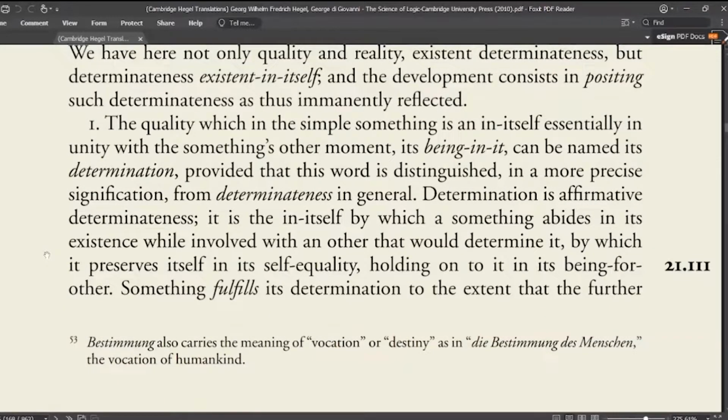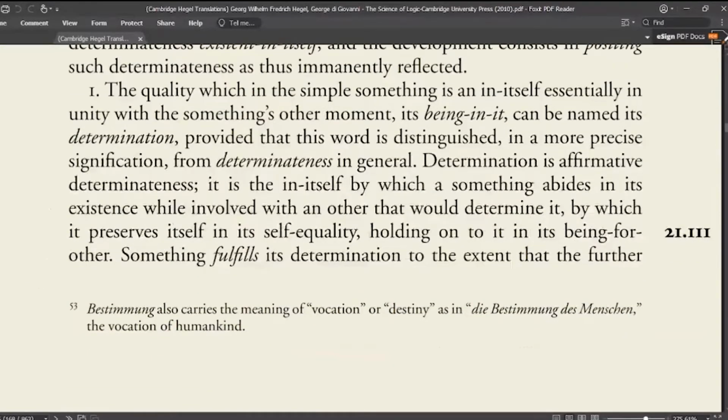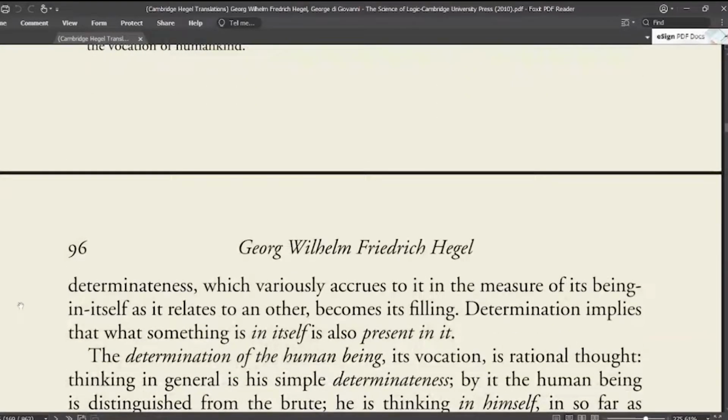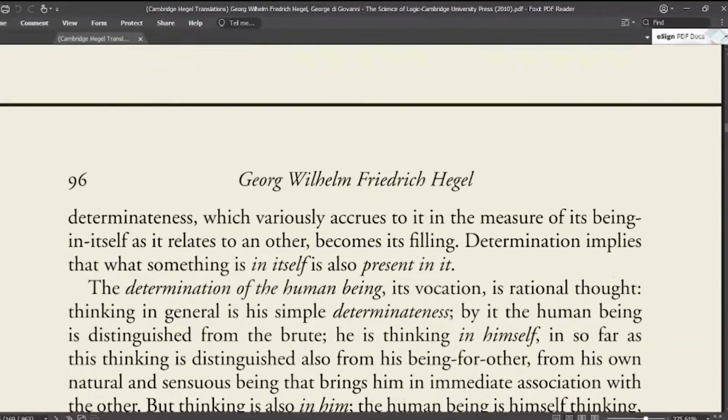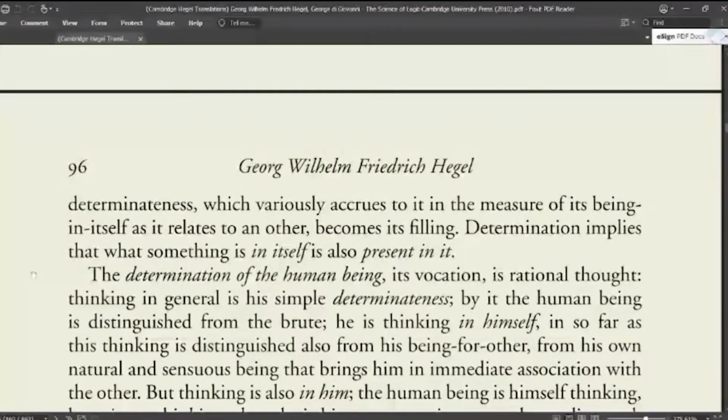It is the in itself by which a something abides in its existence while involved with an other that would determine it, by which it preserves itself in its self-equality, holding on to it in its being for other. Something fulfills its determination to the extent that the further determinateness, which variously accrues to it in the measure of its being itself as it relates to an other, becomes its feeling. Determination implies that what something is in itself is also present in it.